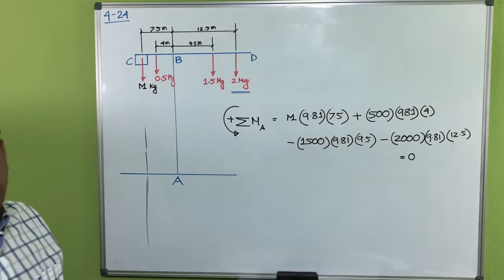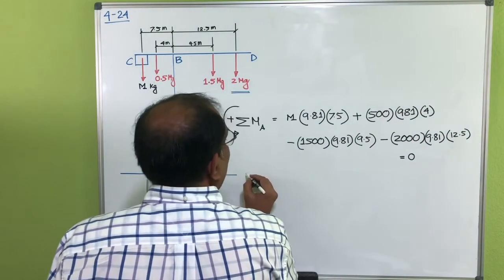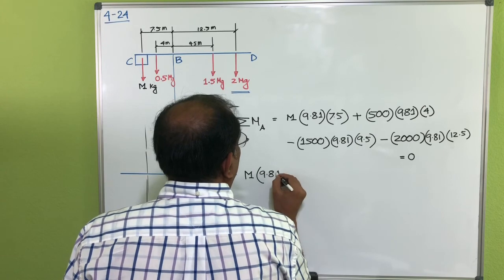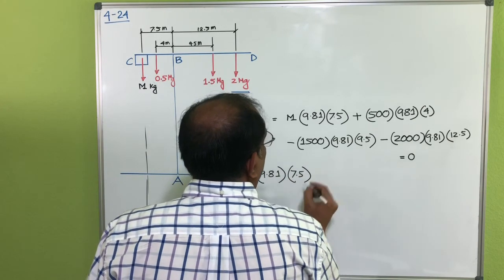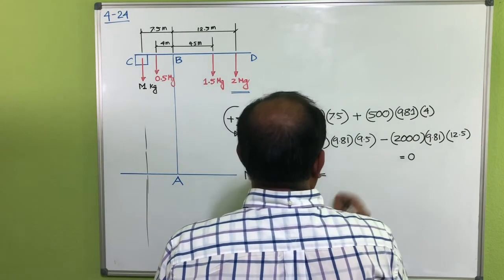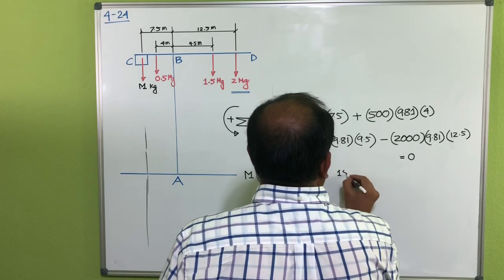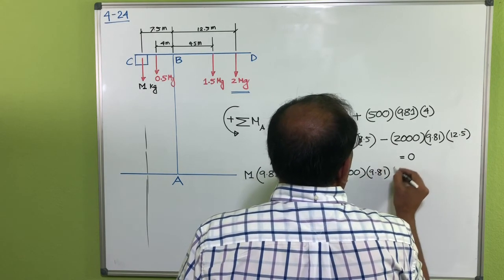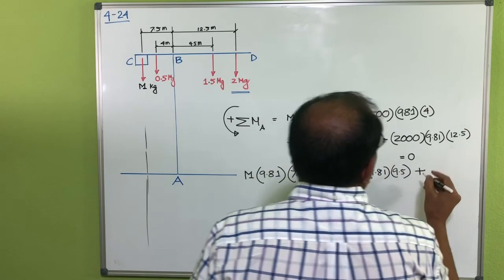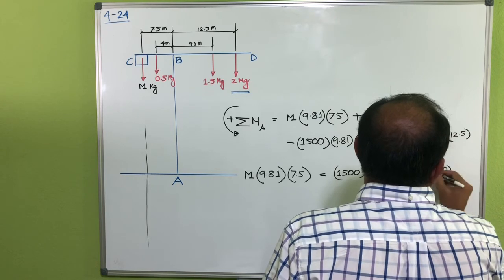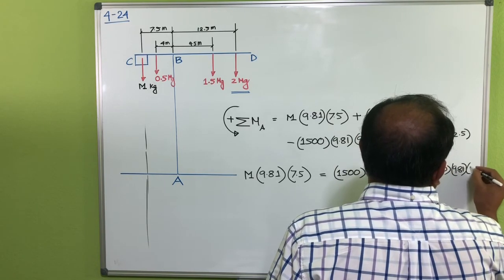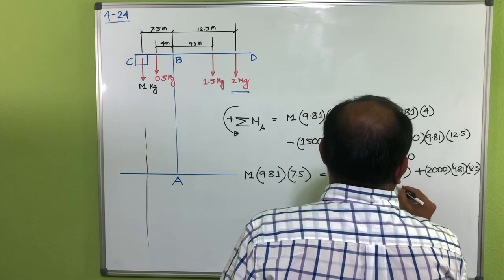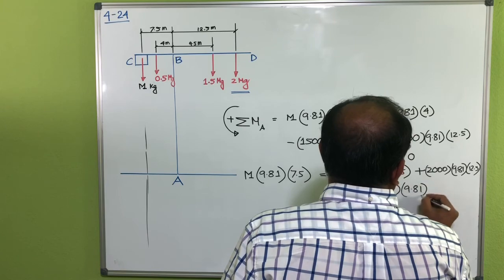And they are saying that the resultant has to be 0. Okay? If I rearrange that, then basically you will see m is equal to 1500 into 9.5 plus 9.81 into 12.5 minus, this one I'm taking to the other side, 500 into 9.81 into 4.